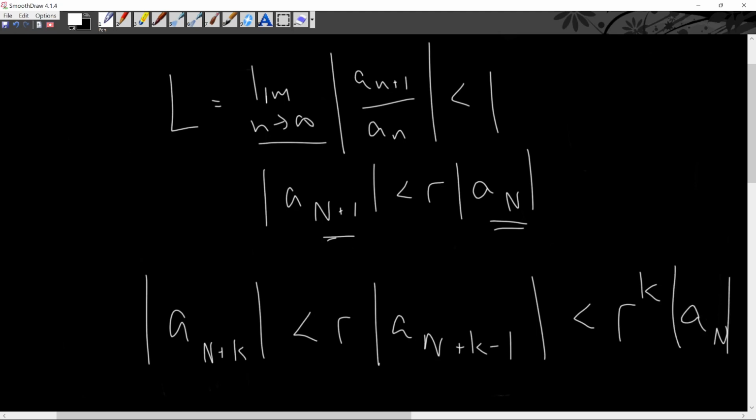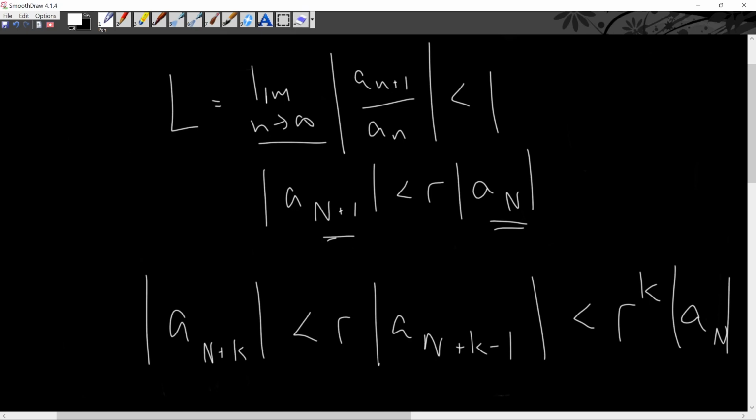Like we said in the second inequality that we chose, we had two values that were less than r to the third power times a sub n when we were on the n plus 3th term. So a sub n plus k is less than r times a sub n plus k minus 1, which is less than r to the k times a sub n.